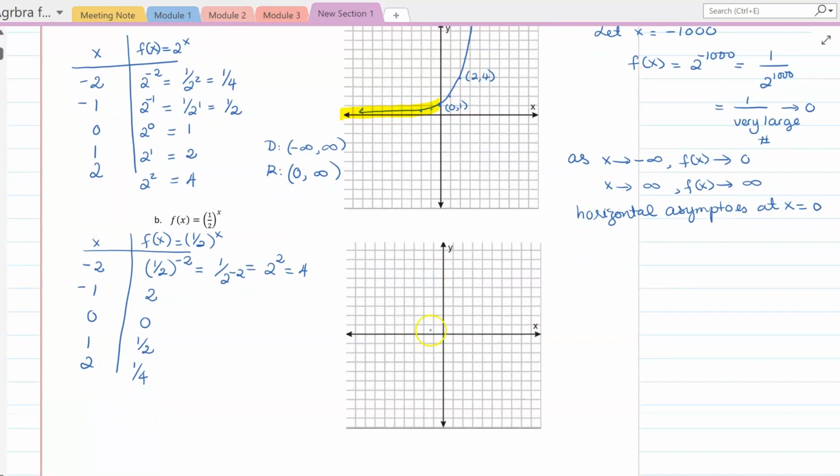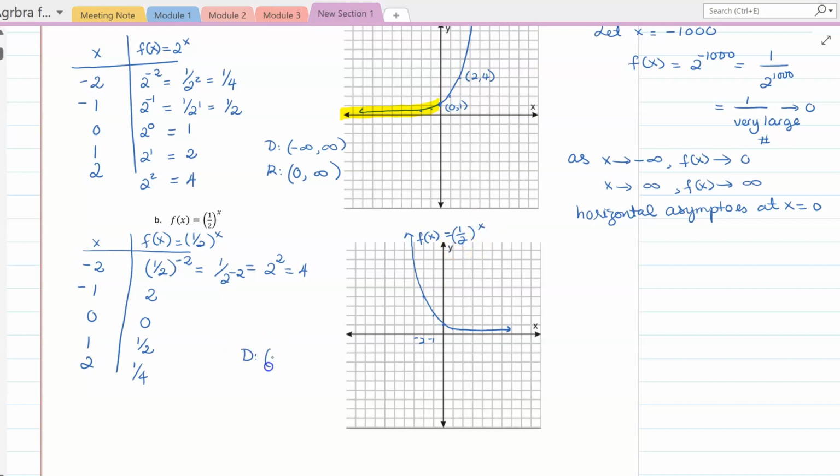So let's sketch this graph: -2, 4; -1, 2; 0, 1; 1, 1/2; 2, 1/4. So this is the graph of f of x equals 1/2 to the x.